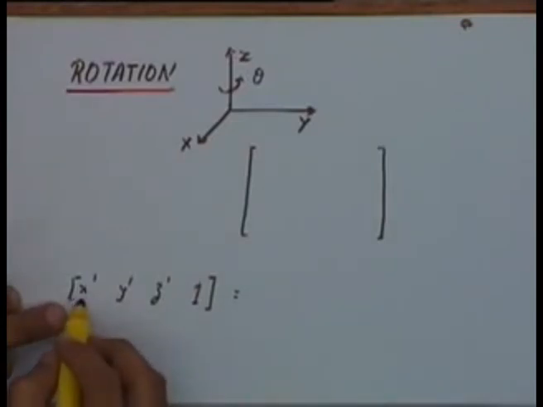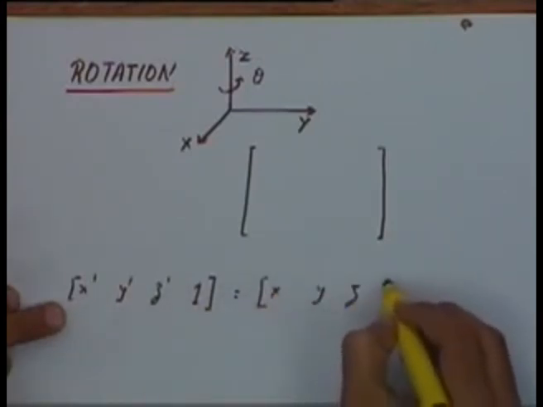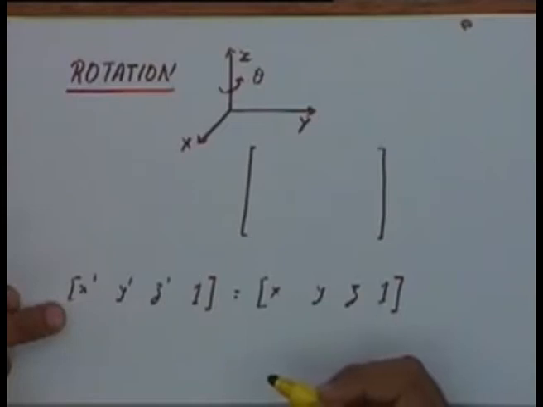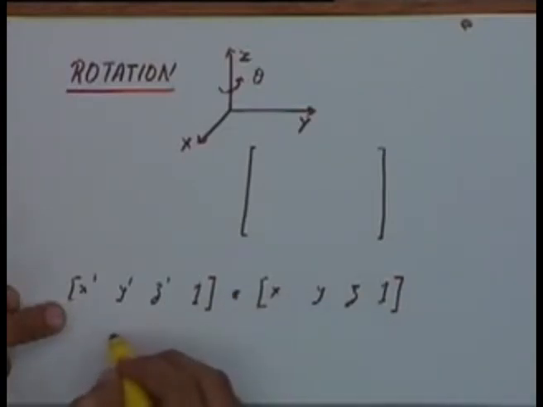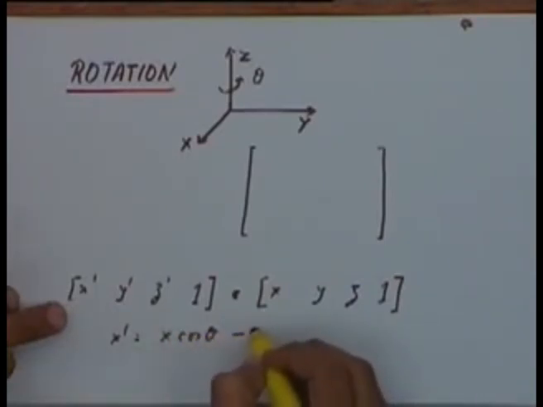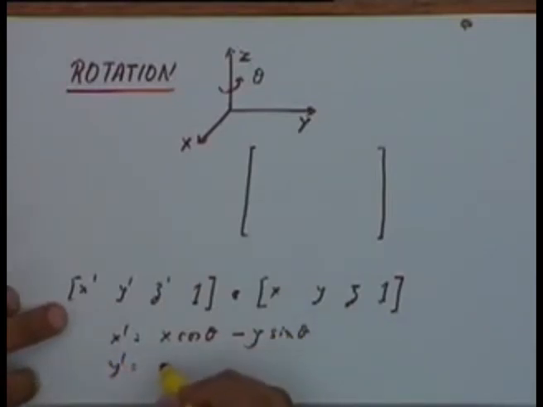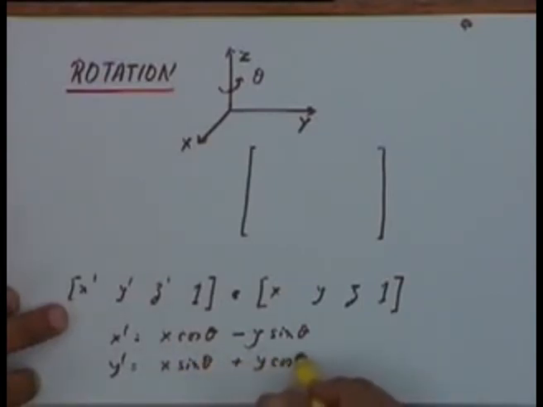What will be the value of x prime? Our initial point was x, y, z, 1. x prime will be equal to x cos theta minus y sin theta. y prime will be equal to x sin theta plus y cos theta, and z prime will be the same as z.